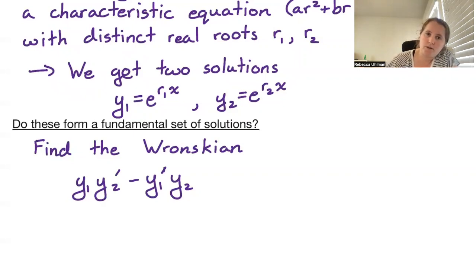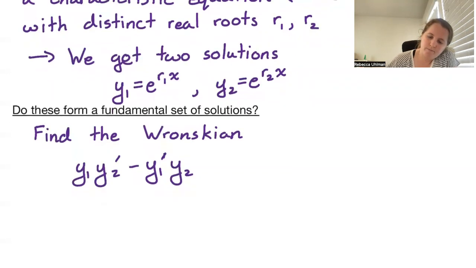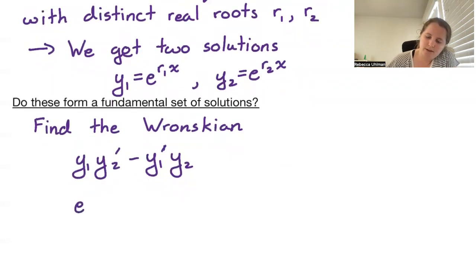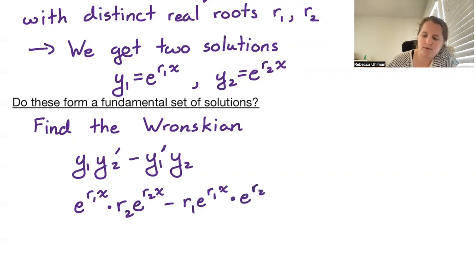Right. So our y1 is e to the r1 x. Our y2 prime would be r2 times e to the r2 x. y1 prime would be r1 e to the r1 x, and y2 is e to the r2 x.